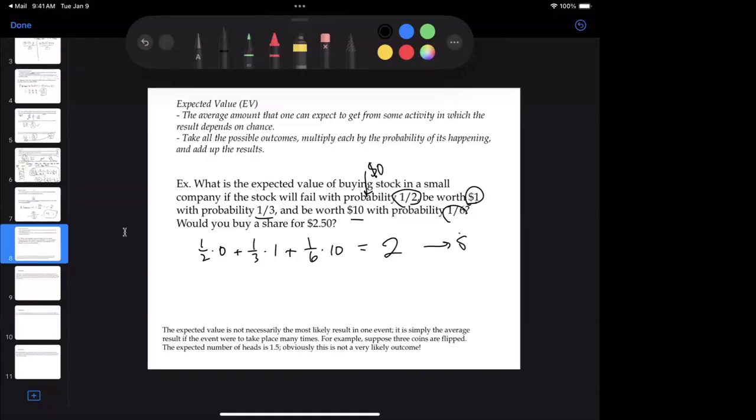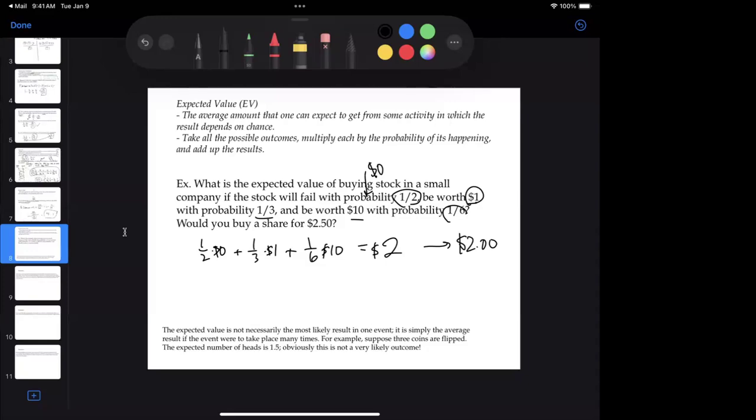So this means you have probability 1/2 of earning $0, probability 1/3 of getting $1, and probability 1/6 of getting $10. Because of how the units work out, in the end you still get units in dollars. So it's giving you what you're expected to get from this game.